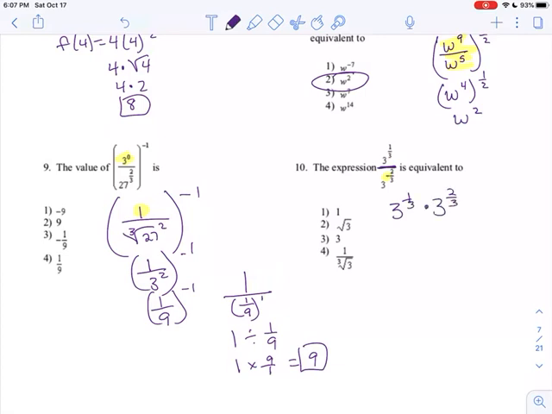All right, so I'm going to take that negative 2/3 and make it a positive 2/3 by bringing it up to the top. Now these have the same bases. I'm multiplying. I keep the base and add the exponents. 1/3 plus 2/3 is 3/3, which is really just 3 to the 1, which is 3.